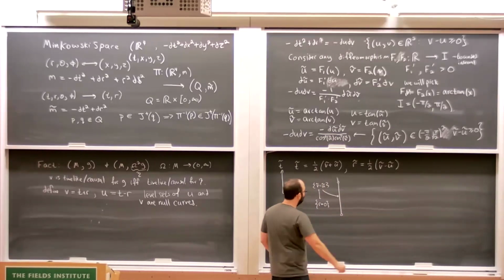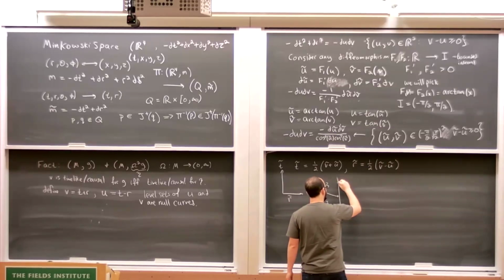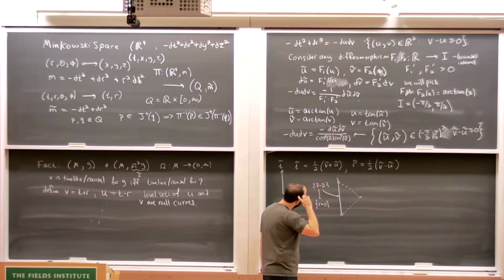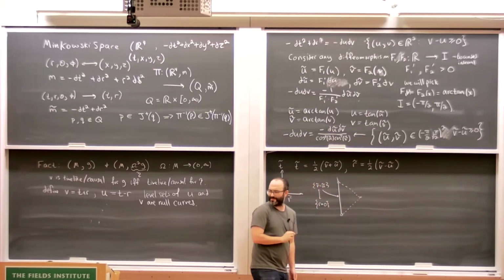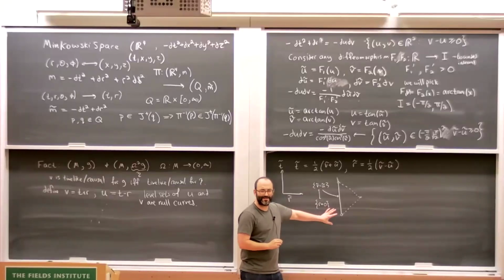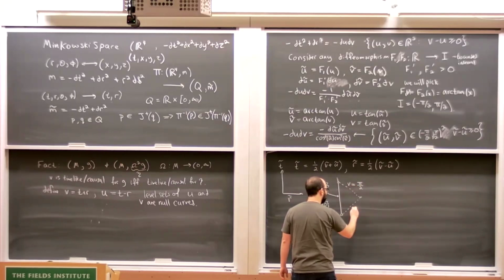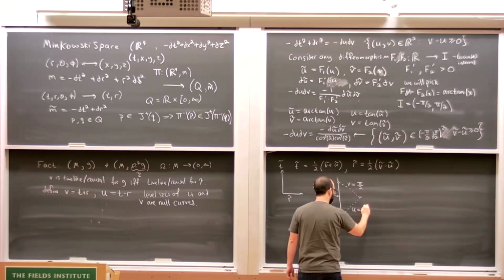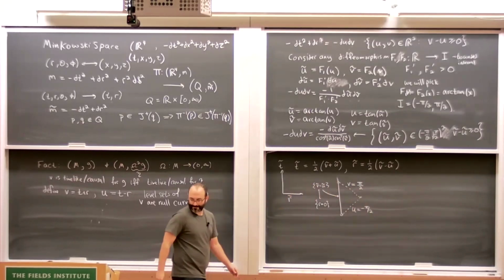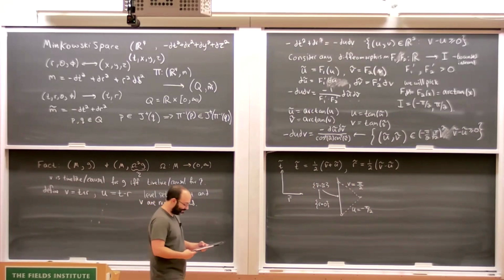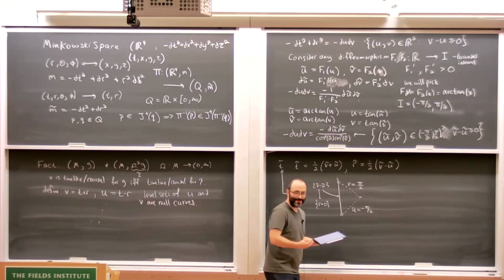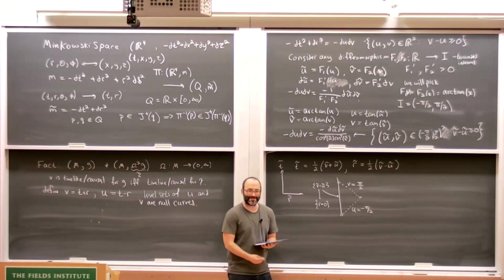All right, and then basically, if you think about it, we're going to get a triangle. All right, and is this big enough? You can see that? So this is going to be v equals pi over 2, and this will be u equals, I think, minus pi over 2. Okay, and that's sort of the first approximation, the Penrose diagram.